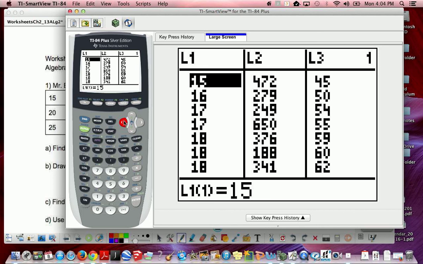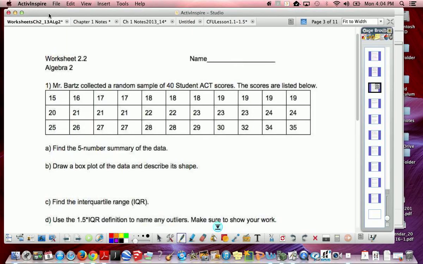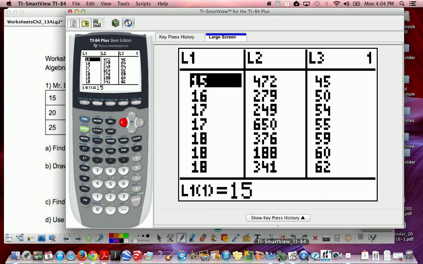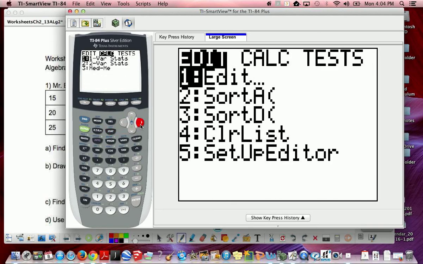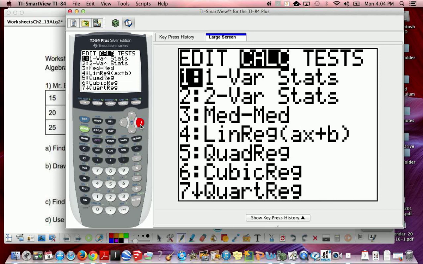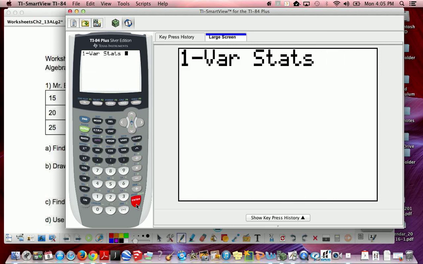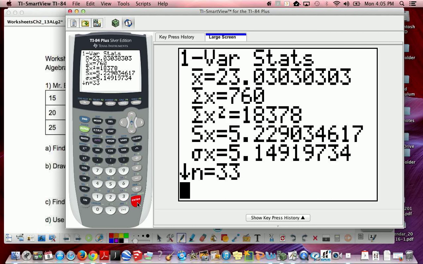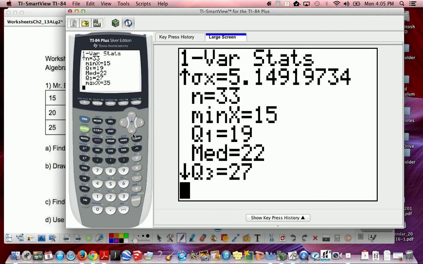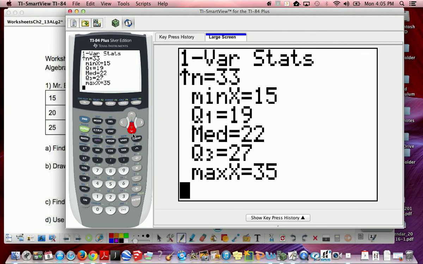So in question A, it asks you to find the 5-number summary of the data and draw the box plot. So something that we've already been doing. So if I go back to my calculator, pull it up. If I go to my stat menu, go over to calc, one variable statistics. Since I'm doing list 1, I can just hit enter at least for this one. So if I scroll down, there's my 5-number summary.